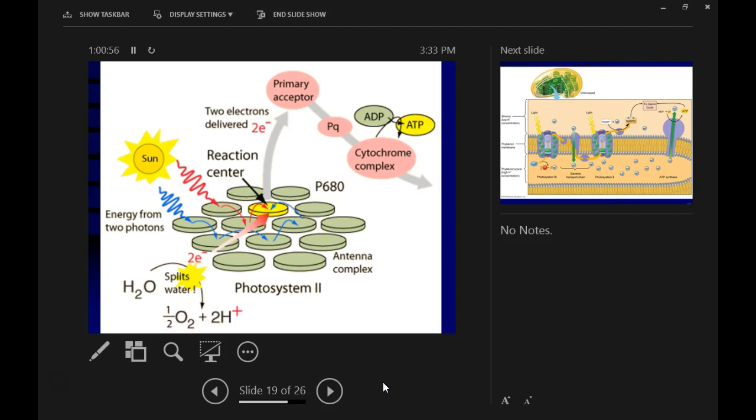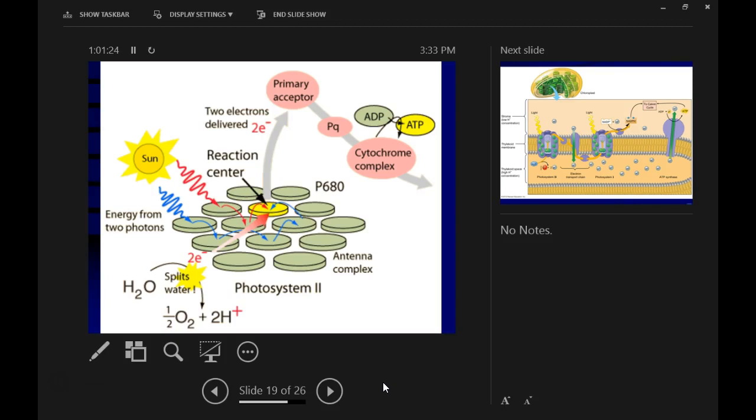Now, if you think about our formula, if you remember, photosynthesis is CO2 plus water gives us sugar and oxygen.